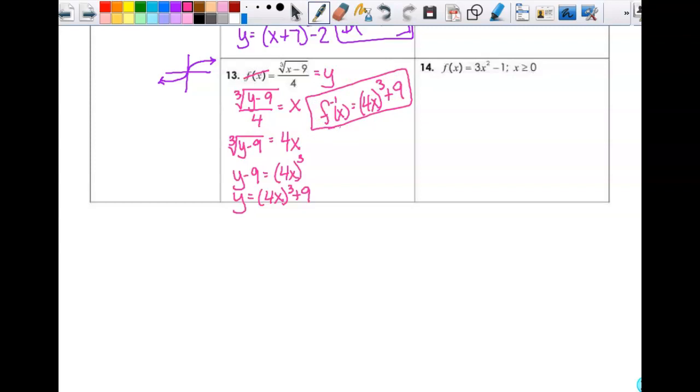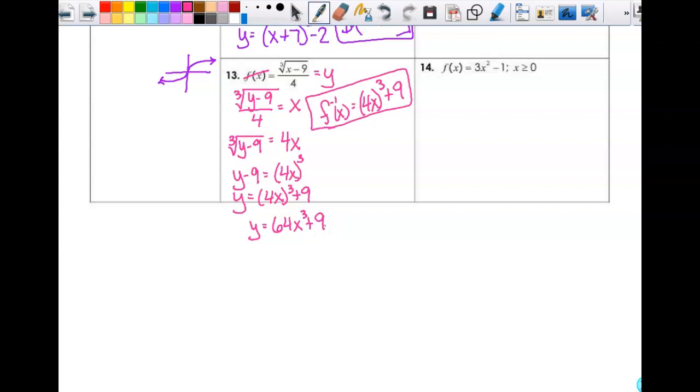Any restrictions on the domain? No. So I want you to think about this too. I have this, which means this 4 is a horizontal compression by 1/4, right? Had I actually cubed this, like if I'd actually cubed this here, I'd get y equals 64x cubed plus 9.